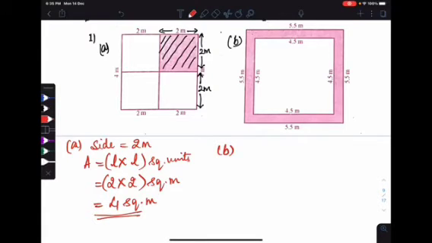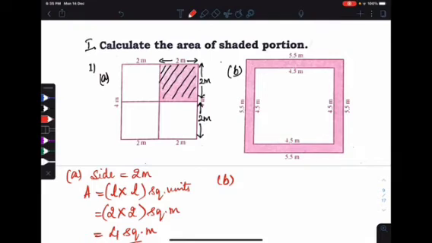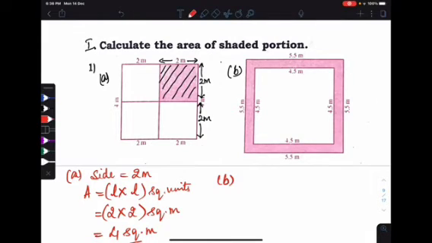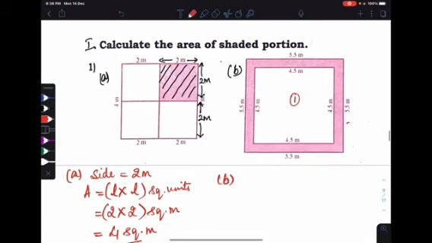Okay, for this one, we have 2 squares, one inside the other one. So we need to find the rectangular part, or the difference between the smaller square and the bigger square. So for that, we'll first find the area of the smaller square. We'll name this as 1 and the bigger square as 2. Okay, so the given side of 1, the first figure, is 4.5 meters.